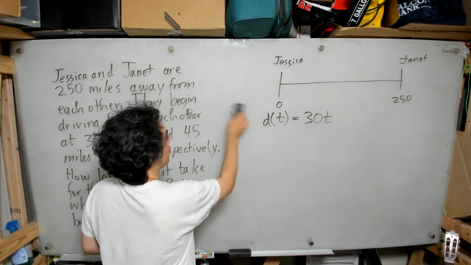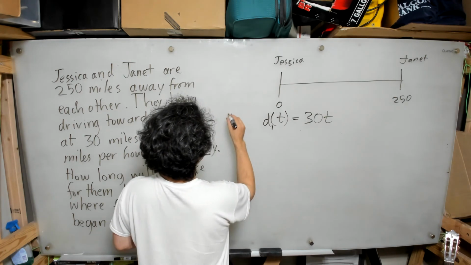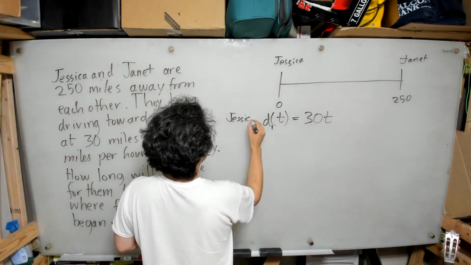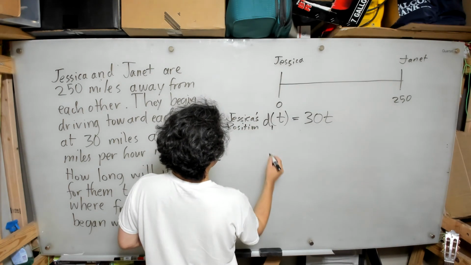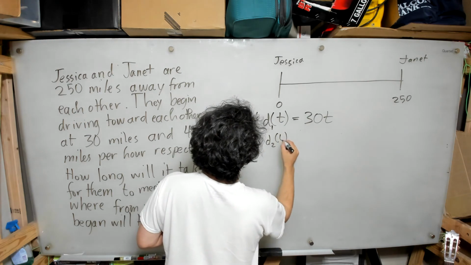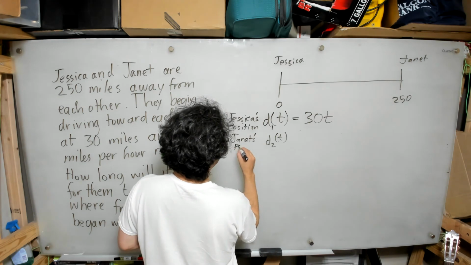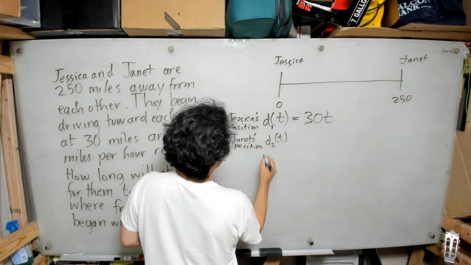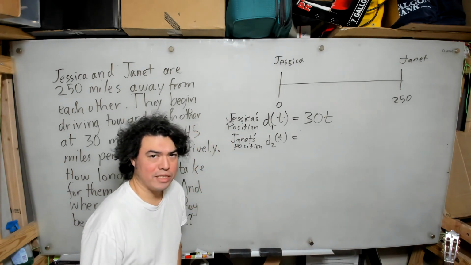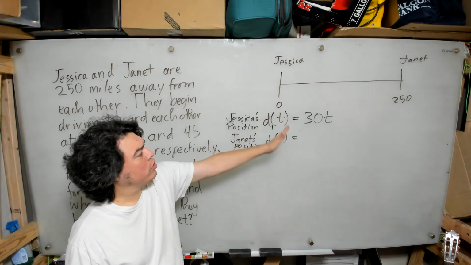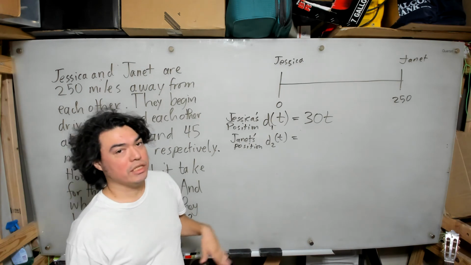I'm sorry about that. Let D1 be Jessica's position, and let D2 of T be Janet's position. In Jessica's case, she's driving at 30 miles an hour, starting from 0. So 30 times the number of hours she drives will get us where she is.